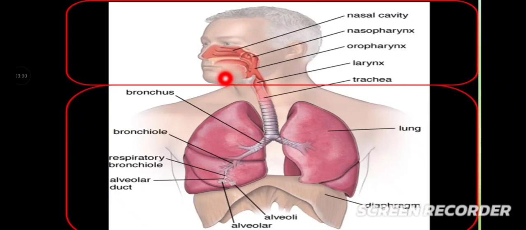Then from the trachea coming down all the way to these lungs, including the bronchus, the bronchioles, the respiratory bronchioles, the alveolar ducts, as well as the alveoli. These form the lower respiratory tract. So this is the anatomical classification of the respiratory system.